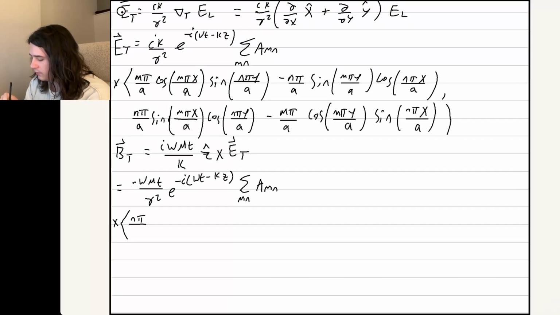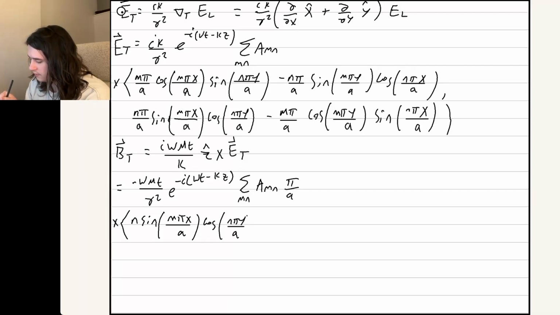So we have n pi over a. I'm actually going to factor out a pi over a so I can write this faster. Pi over a, so it's going to be n sine m pi x over a cosine n pi y over a, minus m cosine m pi y over a sine n pi x over a.